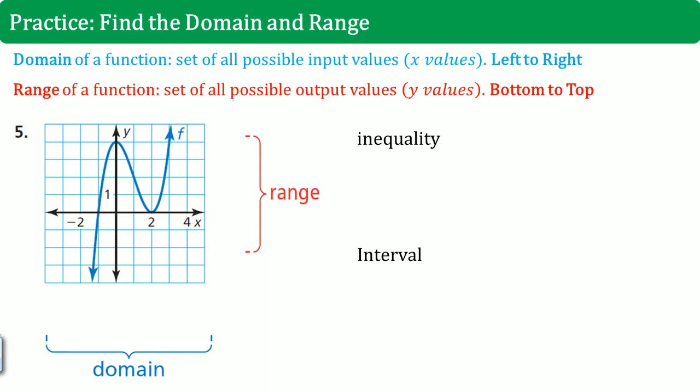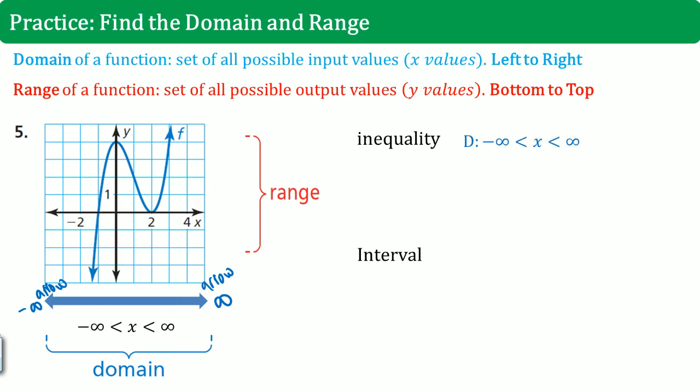5. For 5, we first of all look at the domain, and again, the arrow points in the left all the way to the right. And we know the arrow to the left goes all the way to negative infinity, and the arrow to the right indicates it goes to positive infinity. So x is less than infinity, and x is greater than negative infinity, and it is open on both sides.